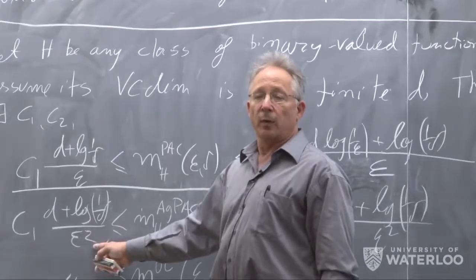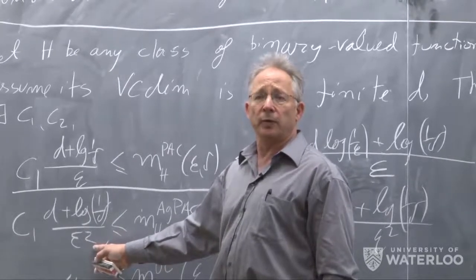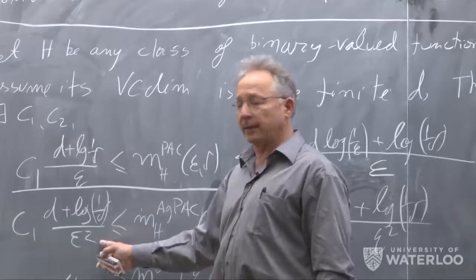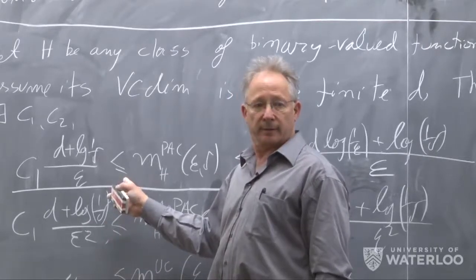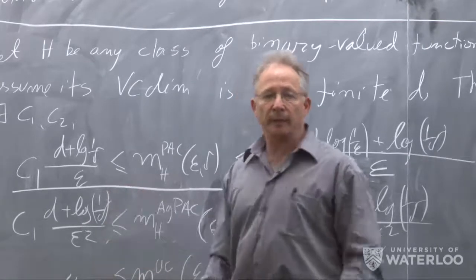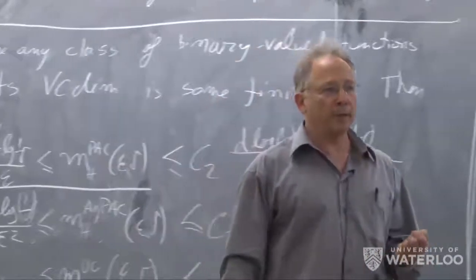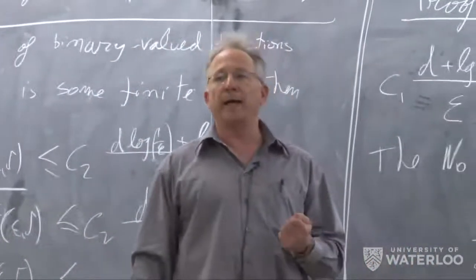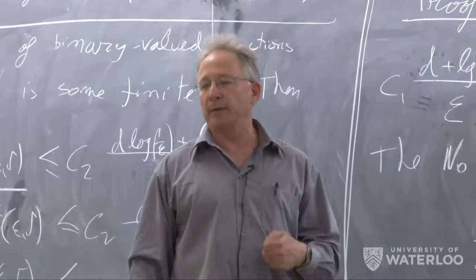So the question is, why is it so much harder to learn in the agnostic case than in the realizable case? So rather than giving you a proof of this lower bound, I'll just try to explain why things are getting so much harder when we are in the agnostic case.